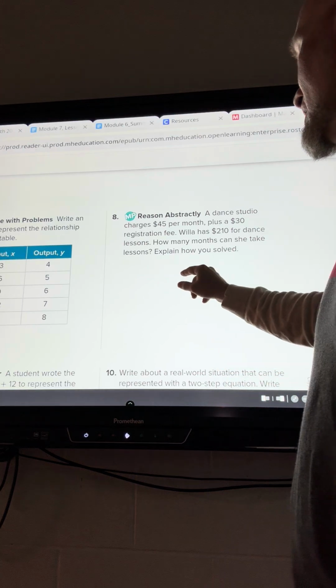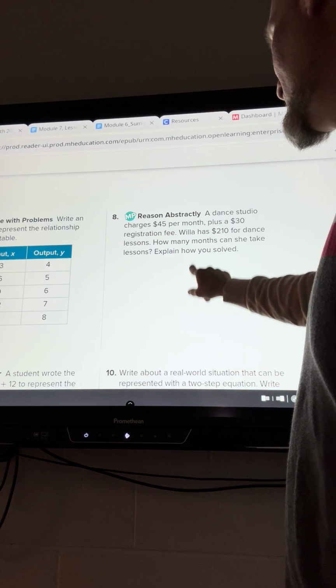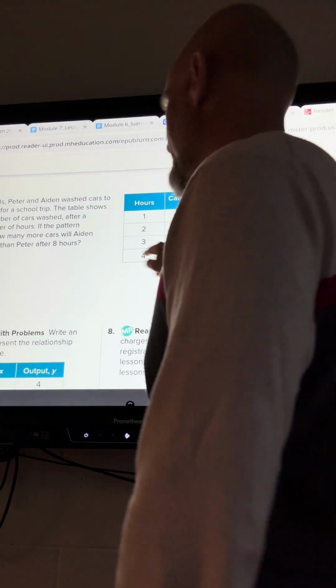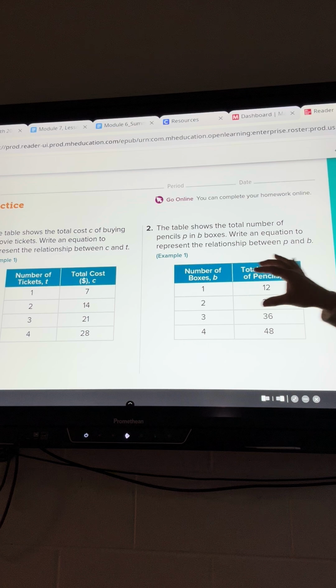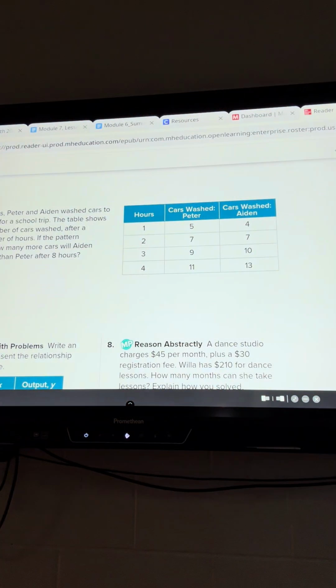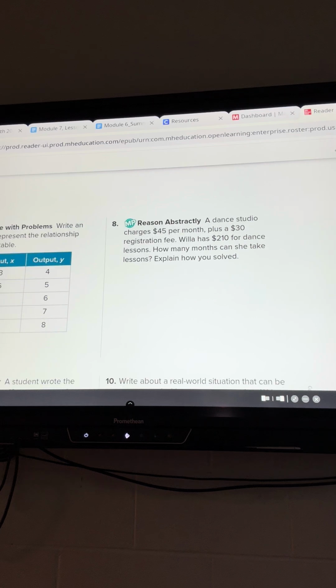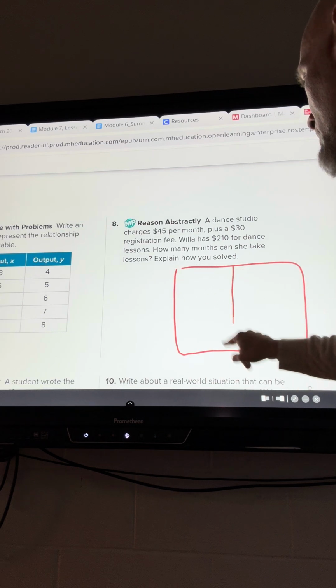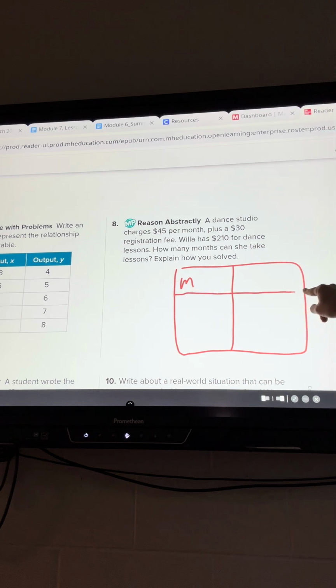If you look at one of the previous problems, we had number of boxes and total number of pencils. Well, if you tried to make a table for this, you'd have the months, which would be M, and the total cost, which would be C.